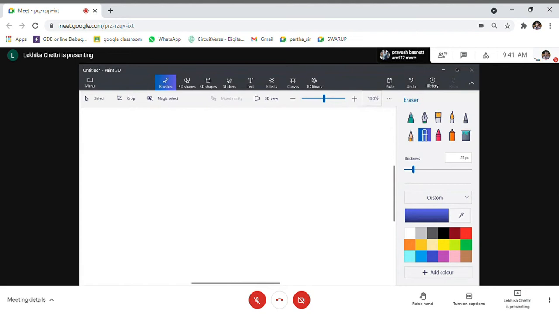Then the next evolved system was the clustered system, wherein different systems with their own resources, like their own memory and processors, are put together in one place so that they can complete one big task.